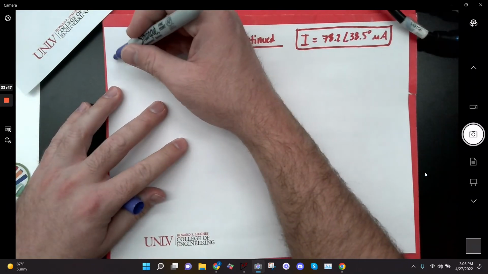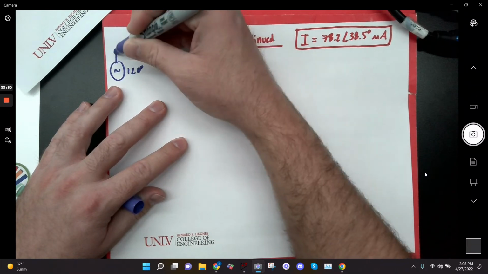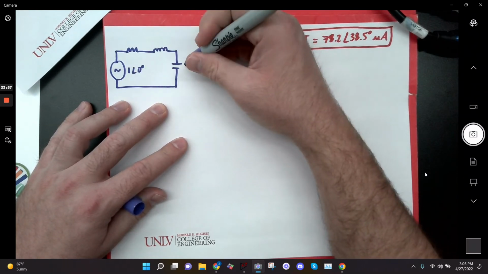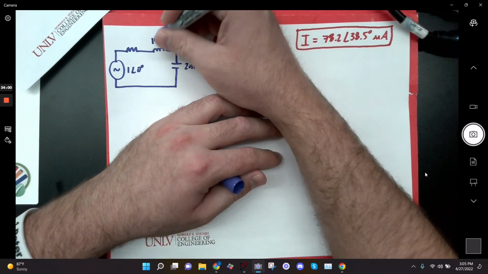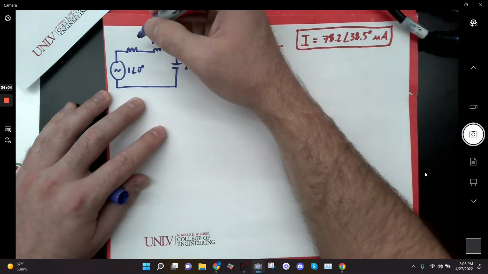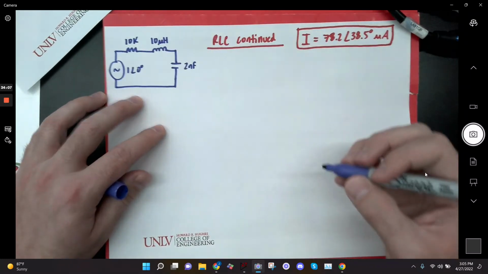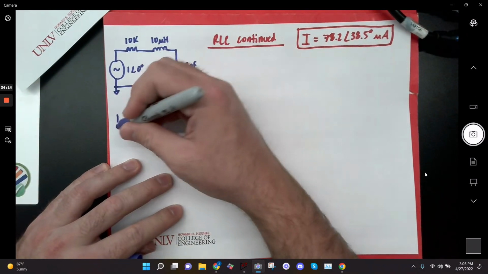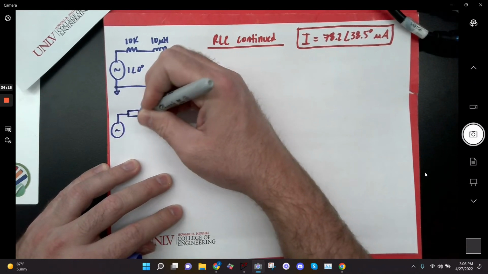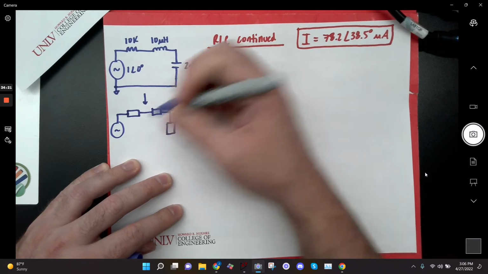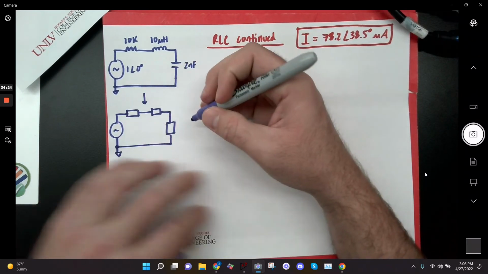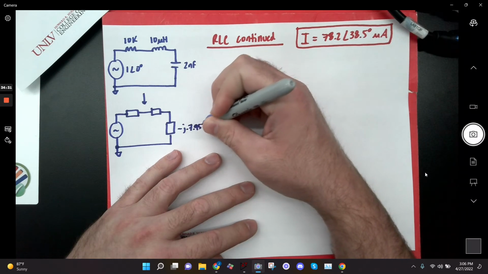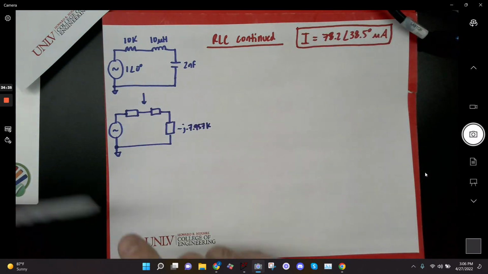Draw it over here. Okay. All right, and then again this, I don't feel like doing it again, so this is minus J times 7.957 K. And again, that's all we're going to need to find V out, right?